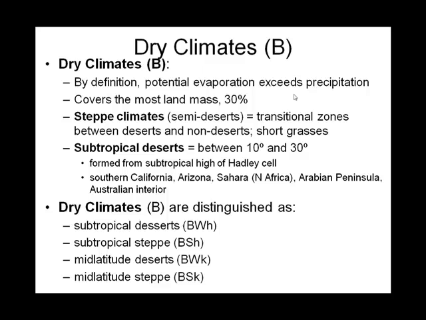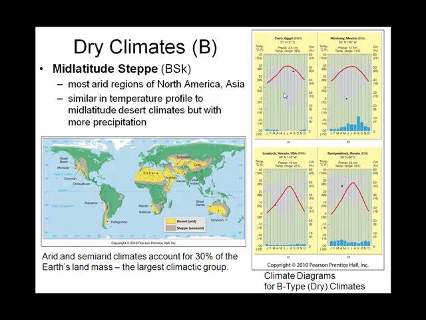I'm introducing the term steppe. A steppe climate has a little more vegetation than a desert type of climate. Steppe climates are transition zones between deserts and non-deserts. So here are some climate diagrams for the B-type climates.